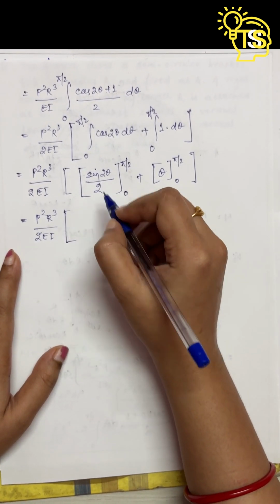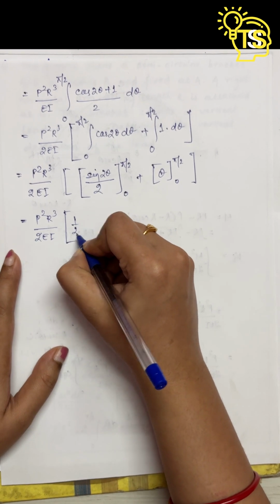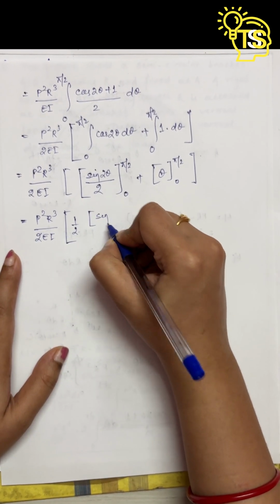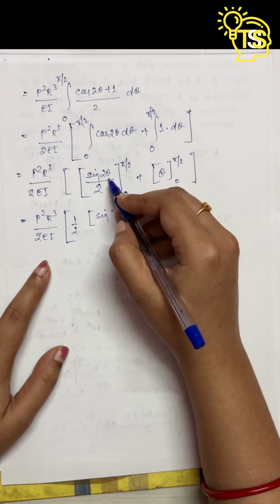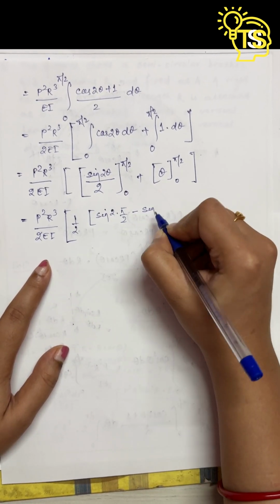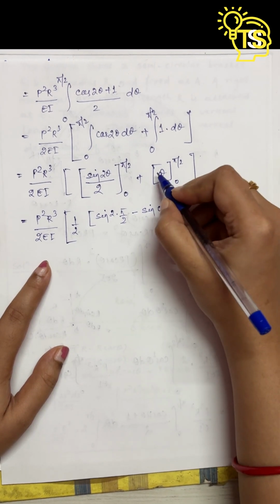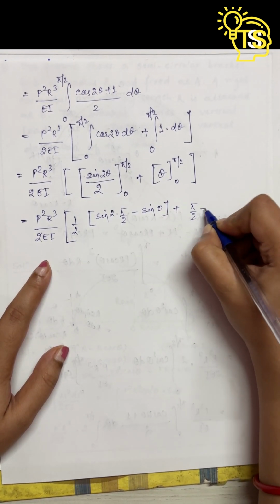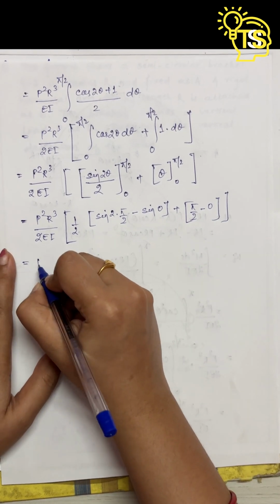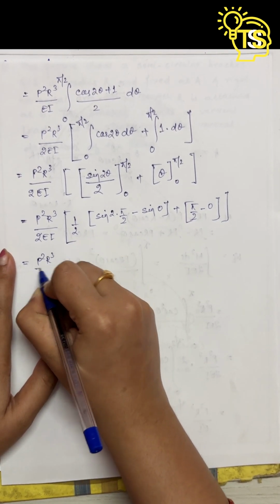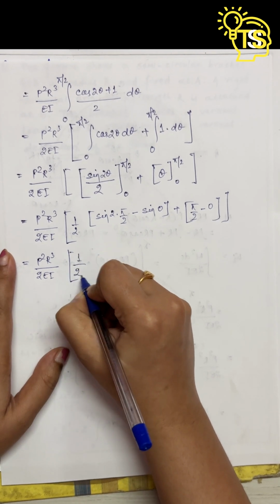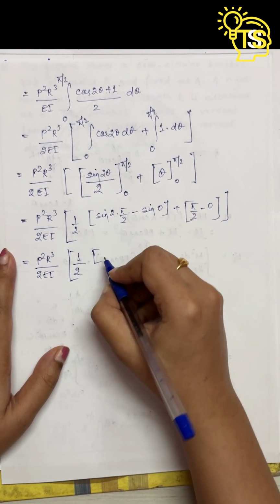Let's take this 2 outside the bracket, and we will be left with sin 2 theta. In place of theta, let's put the limit 2 into pi by 2 minus sin 0, plus in place of theta, let's put the limit pi by 2 minus 0. Here 2 got cancelled.